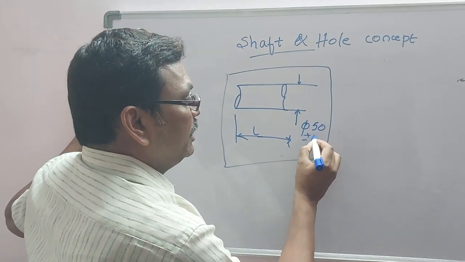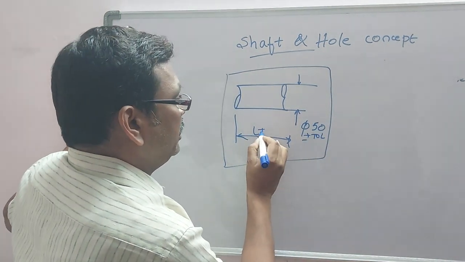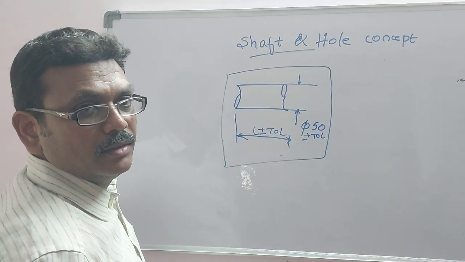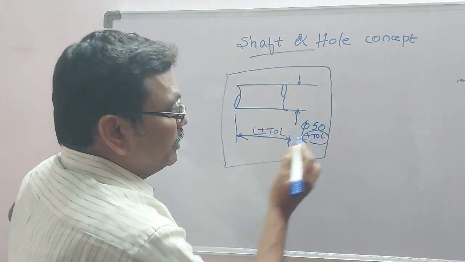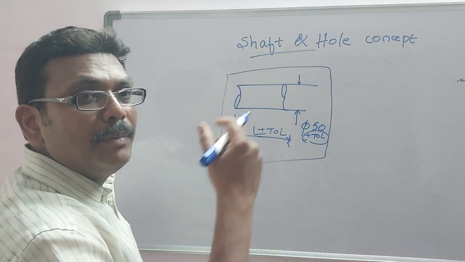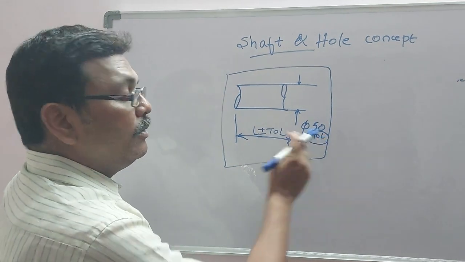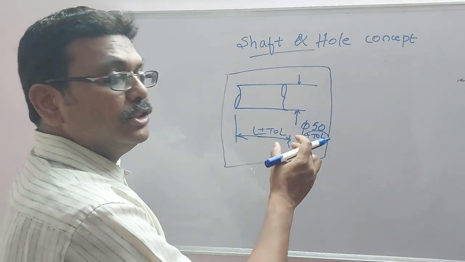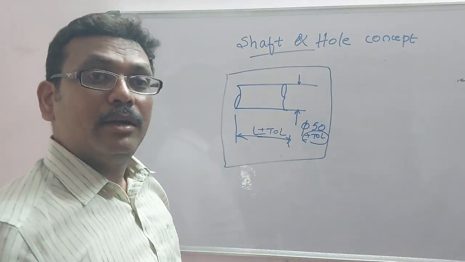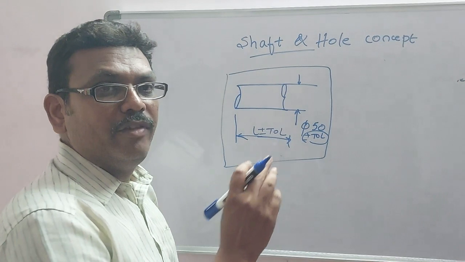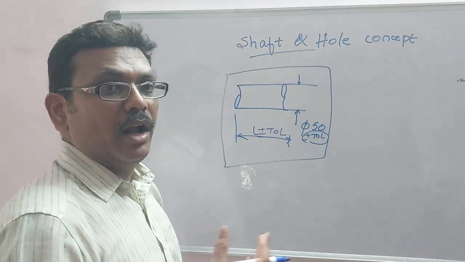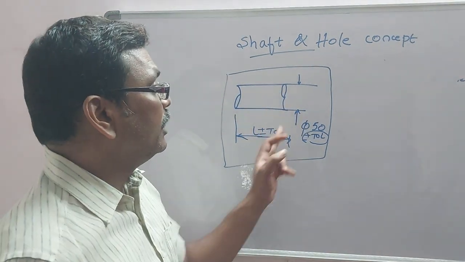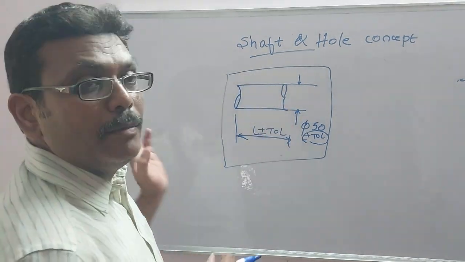As usual, there will be some plus or minus tolerance for each and every dimension. So how can we decide this tolerance? Based on the application of the component, we have to decide this tolerance. So this tolerance should match with the mating component tolerance, or else the part fails and we can't use that part. So this is the concept of general dimension.